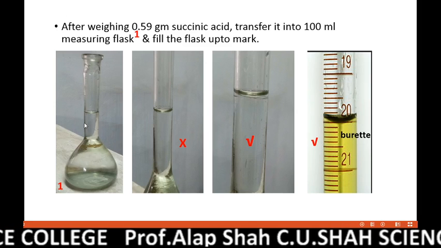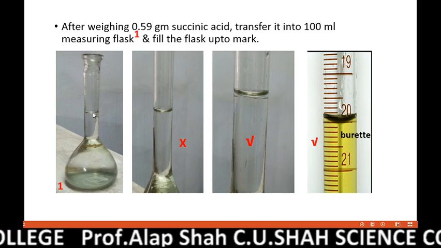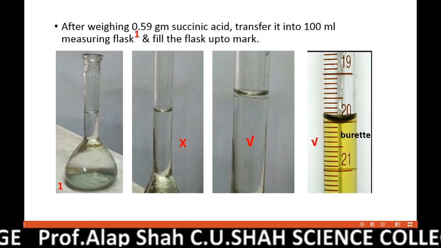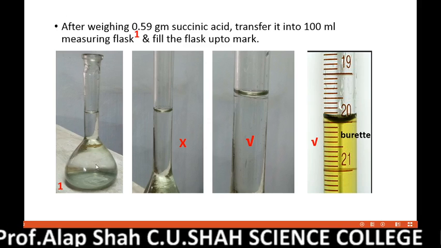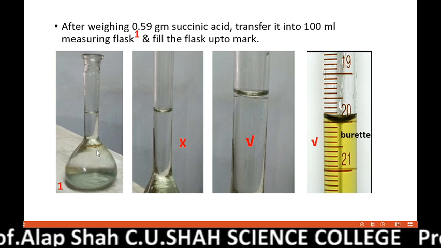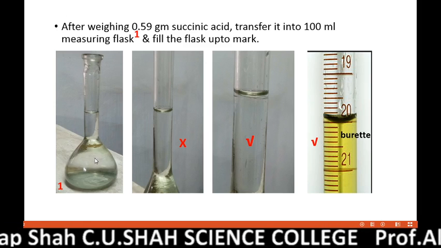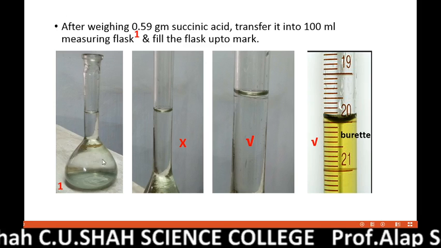So this measuring flask has the mark at exactly 100 ml, and when we add 0.590 grams succinic acid into it, this solution is 100 ml and its concentration is now 0.1 normal, as we have added exactly 0.590 gram succinic acid.